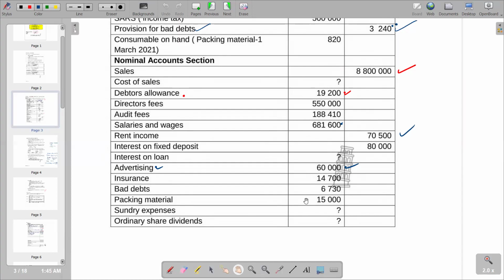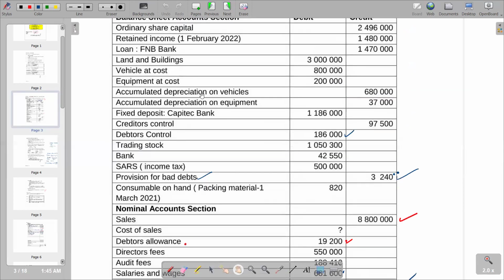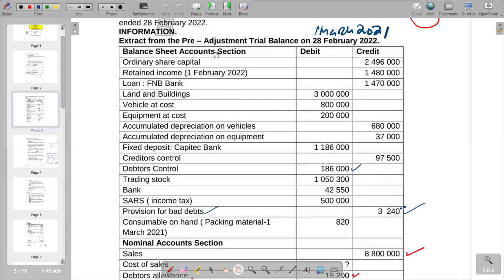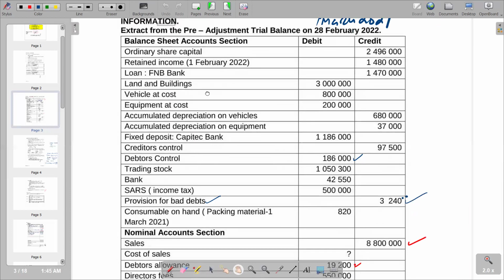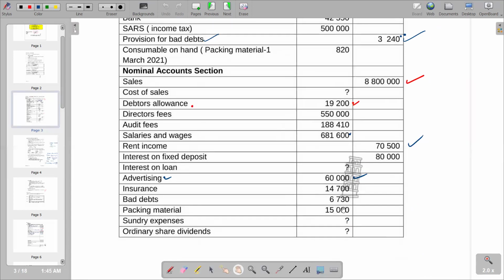So what was used is what we bought, 15,000, minus what remained at the end of the period. The balance sheet account section represents balances at the beginning of the period. So we also have consumables on hand, packing material, which were there at the beginning, plus what we purchased during the period, minus what remained at the end of the period.